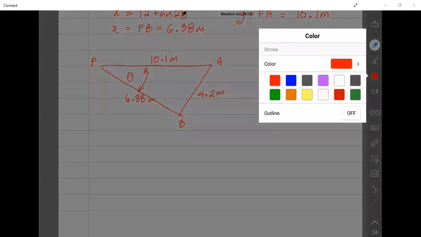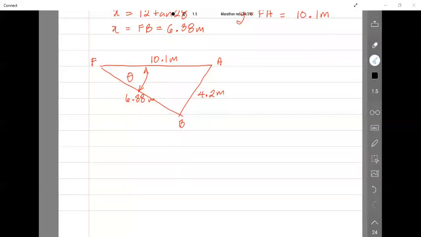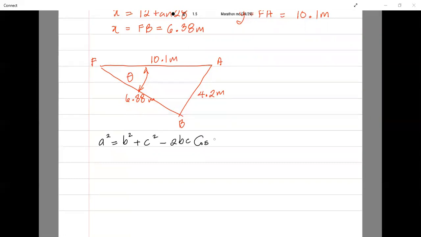Now the cosine rule says a squared is equal to b squared plus c squared minus 2bc cosine A. If you're given all three sides of a non-right angle triangle and you want to find one angle, the angle you want to find is big A. The side opposite to big A is little a, and b and c are the other two sides.